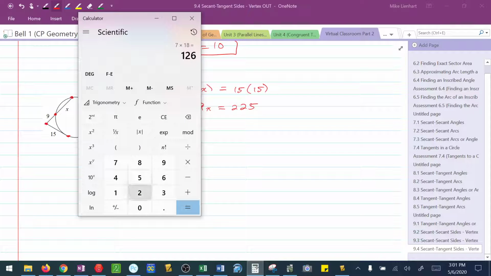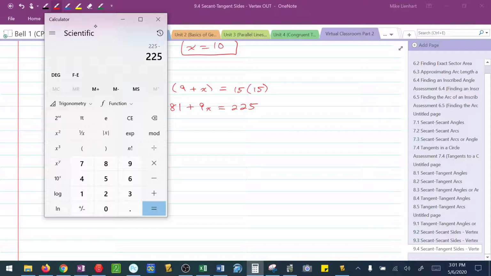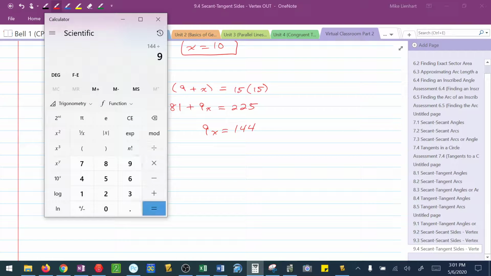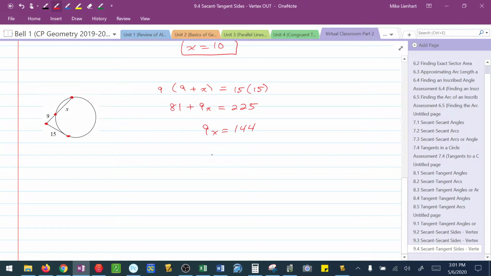All right, if I take 225 minus, what was that? I think it was 81. I get 144. So 9x is equal to 144. And if I divide that by 9, I get x is equal to 16.